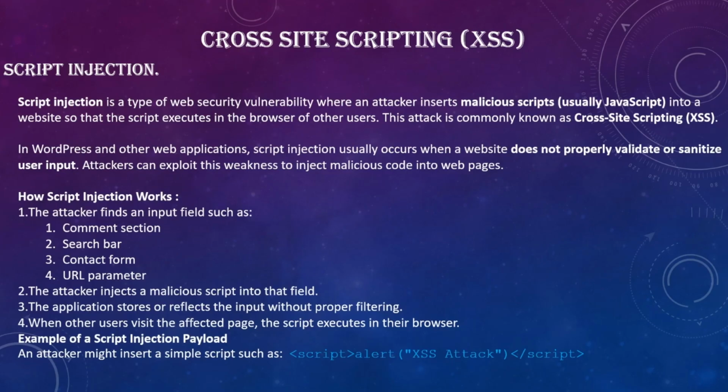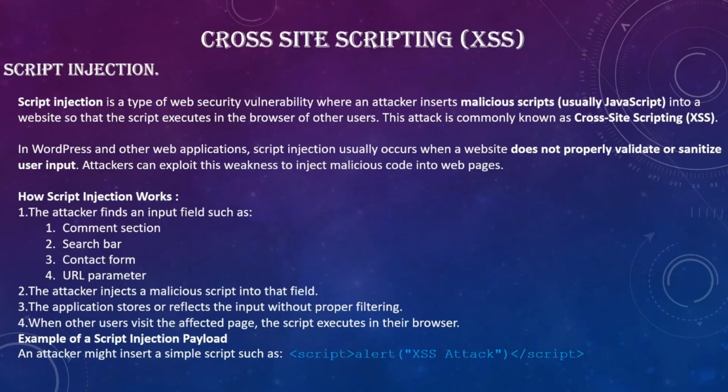It is a common security vulnerability in WordPress where an attacker injects malicious script into a web page viewed by other users. It may steal user data, hijack accounts, or deface websites.